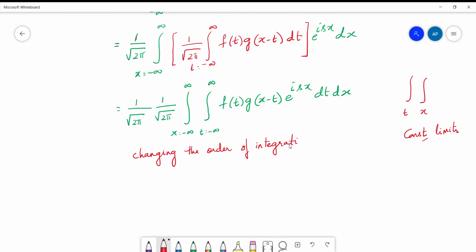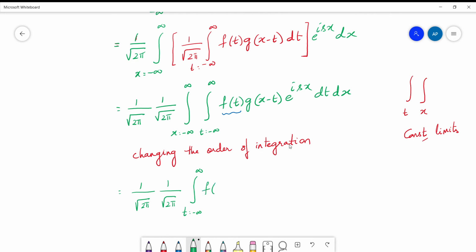I shall rewrite the double integral in the following manner. So this becomes 1 by root 2 pi. Now I will also keep this 1 by root 2 pi as it is for now, and then we shall take it inside. I told you the outer integral should be for t, so t will be from minus infinity to plus infinity. And which is the term having t alone there? If you notice, t alone is f of t. So I can attach that f of t along with this integral.